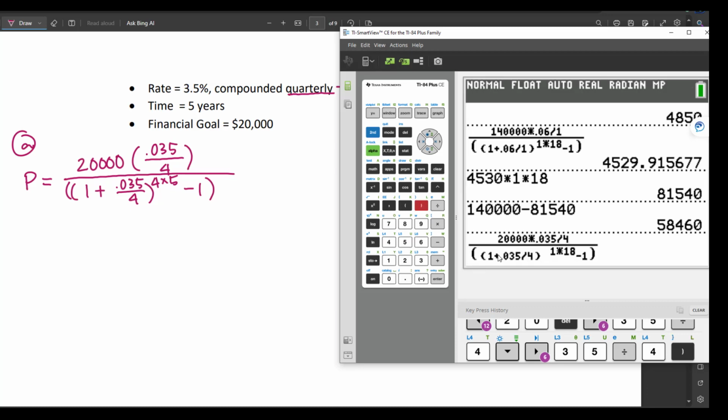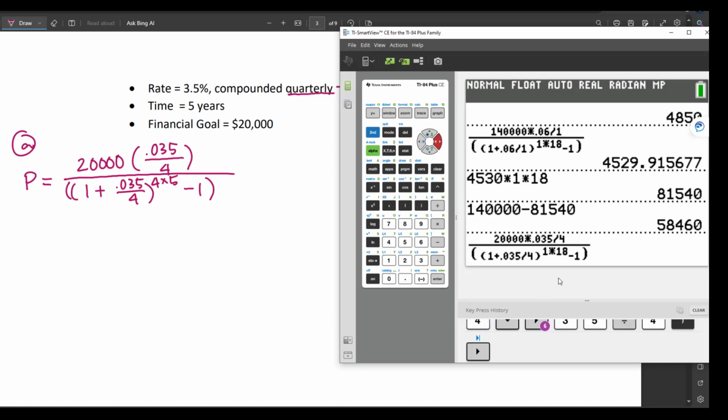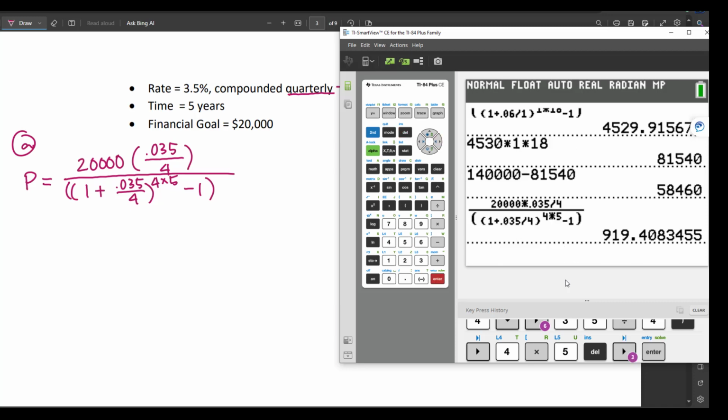Close our parentheses. And then we have 4 times 5. I need to delete. And then minus 1. We get $919.41.